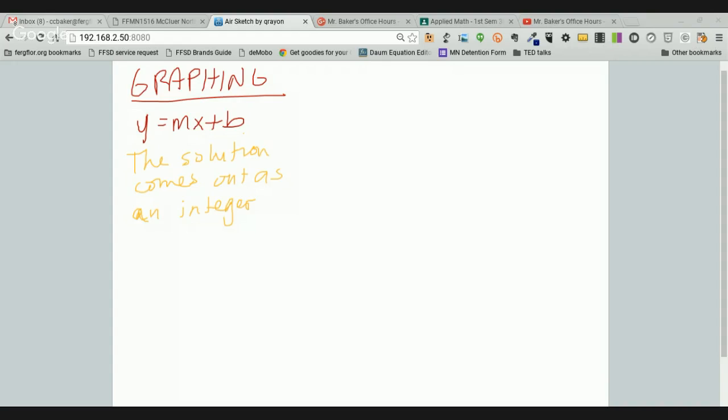But especially on a test like this, you're going to need an exact solution. So if that were to happen tomorrow and you graph it and you got not an exact solution, then you would want to still do another method.